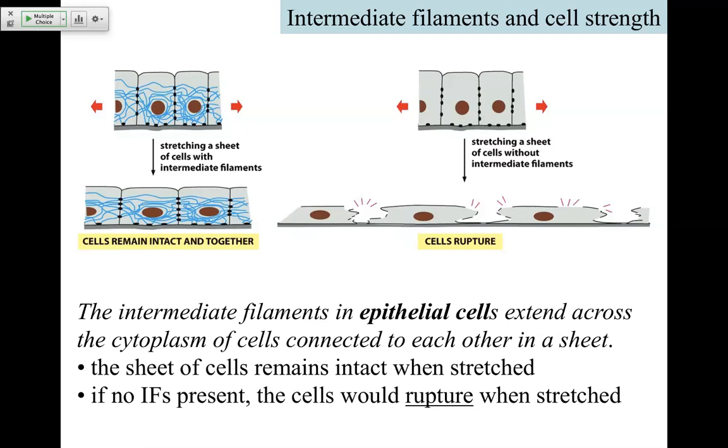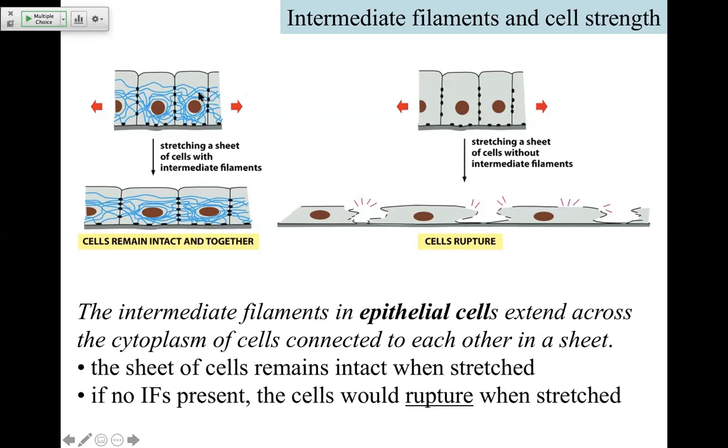And it serves as resistance to mechanical stress. If that sheet of cells has a tension applied or pressure applied, the cells will remain intact. In the absence of intermediate filaments, that we see on the right-hand side, if this sheet of cells is stretched or has a pressure applied, the cells will not be able to stay together. They will continue stretching until they rupture.